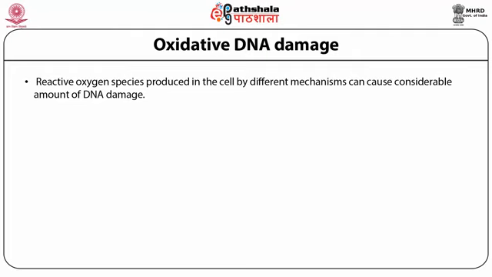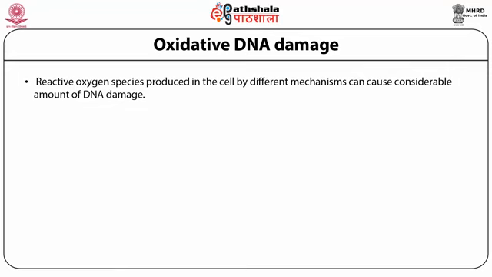The third reason is that superoxide or hydroxyl radicals, if released, are so reactive that they react with nearby biomolecules before acting on DNA. However, ROS produced by other mechanisms can cause considerable damage to nuclear DNA.